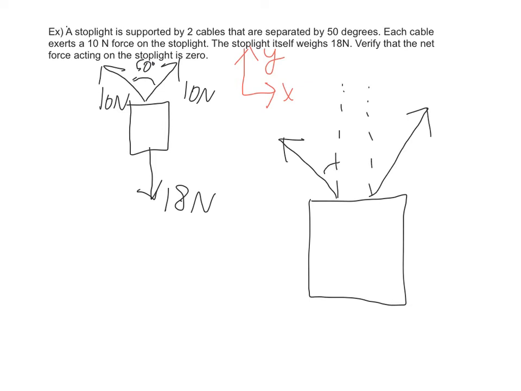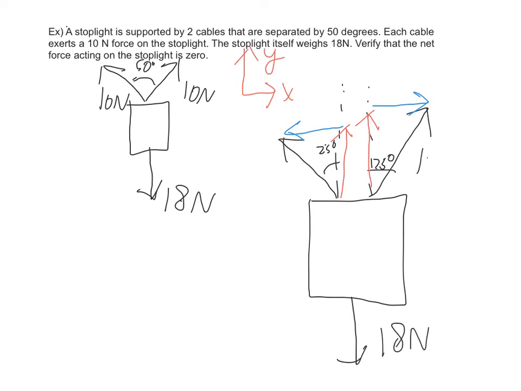Each of these are acting at an angle of 25 degrees from the y-axis, and that's what we just drew in here, which will allow us to draw in the components. I'm drawing the y components in red and the x components in blue, so we can see what they look like. And of course, we can't forget about our gravitational force of 18 newtons at the bottom there.